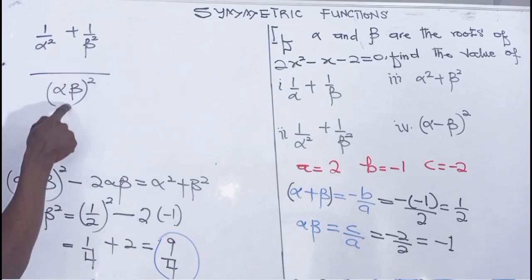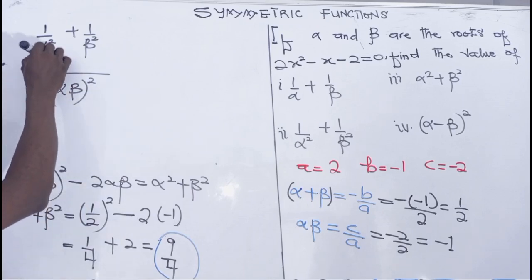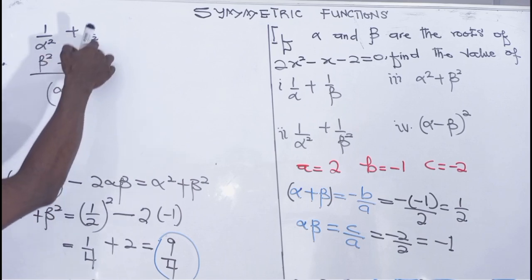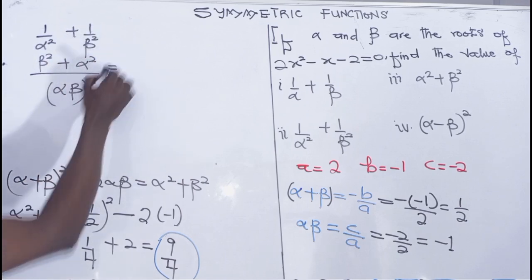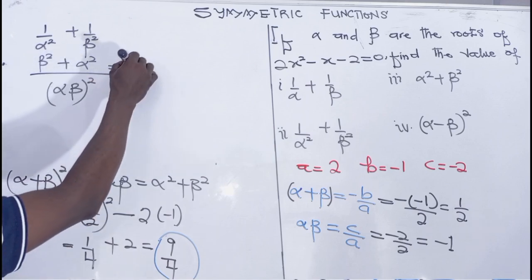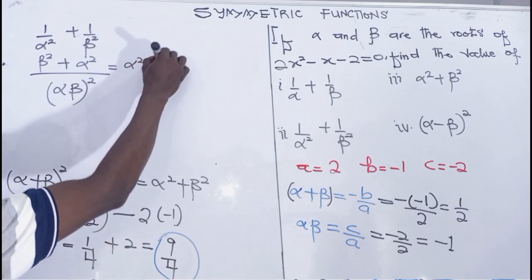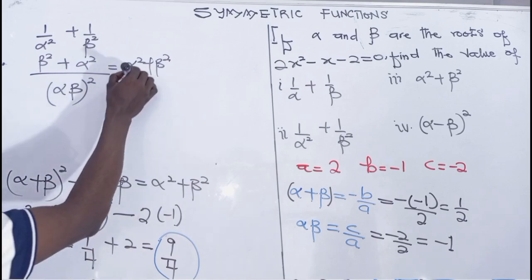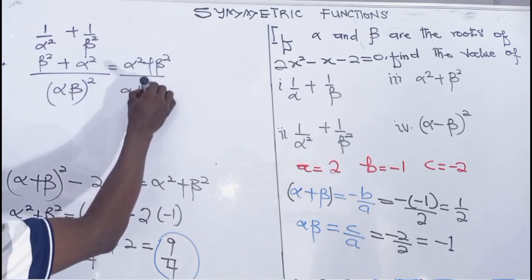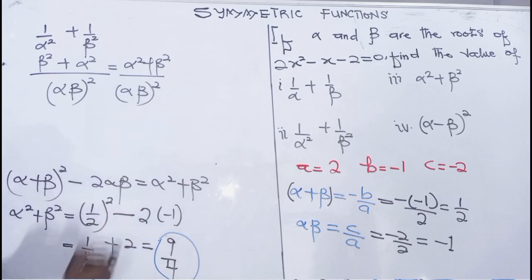So alpha squared into this, we are going to get beta all squared, beta squared into this, we are going to get alpha squared. So with this, we can rewrite it as alpha squared plus beta all squared, since addition is commutative, and then all over alpha beta all squared.